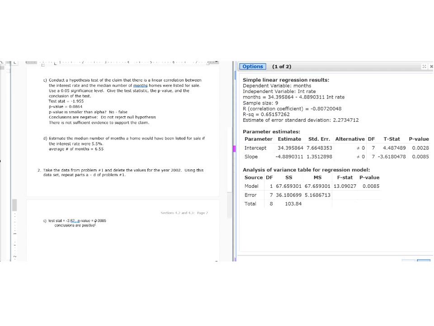Again, we're comparing our p-value of 0.0085 to our significance level, which was 0.05. This time the p-value is smaller than the alpha, so we have a true statement, which means our conclusions are positive. That means that we do reject the null hypothesis, and we'd say there is sufficient evidence of a linear correlation.